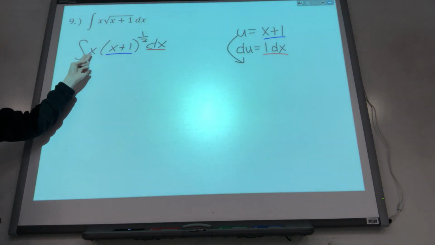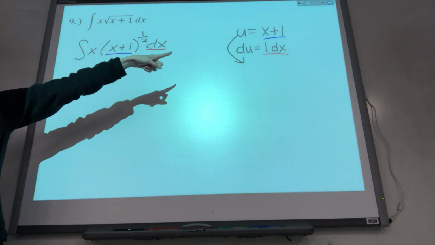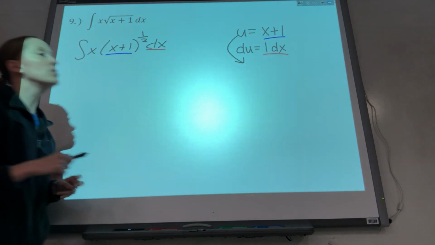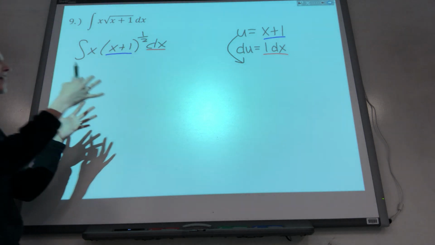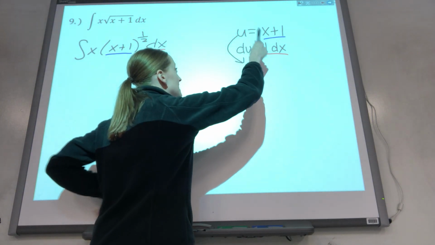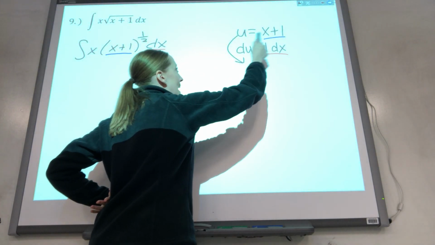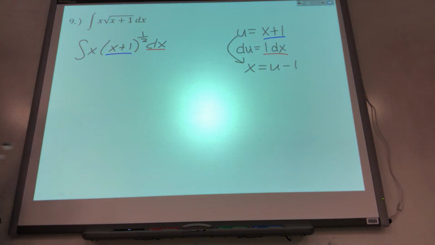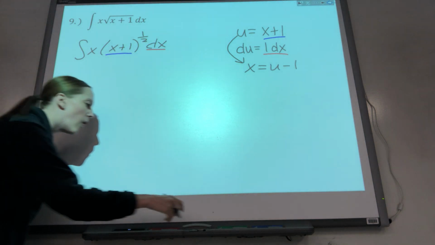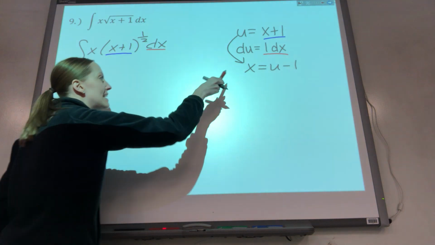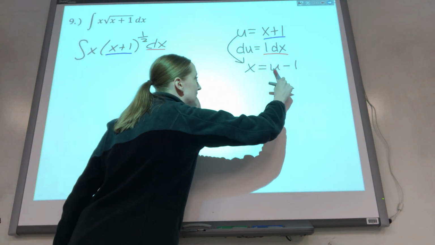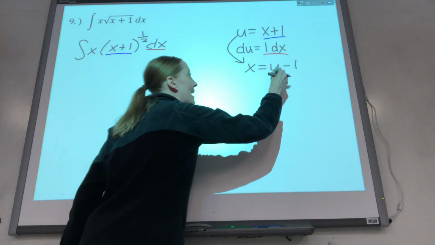Anytime you have that extra factor of x, you're going to have to come back over here, solve your u substitution equation for x. So imagine just subtracting 1 from both sides. That would leave you with x equals u minus 1. So wherever I see x over here, I'm going to replace it with u minus 1.